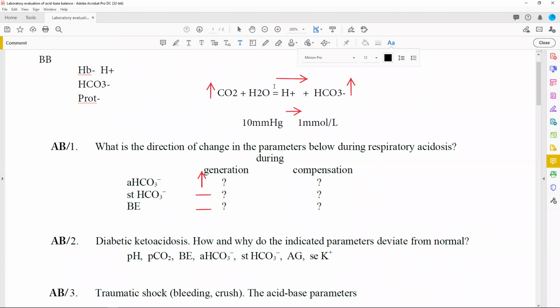So what is happening? The proton is bound to the hemoglobin, you are losing one anion, the hemoglobin ion, but you are gaining another anion, such as a bicarbonate. But one mole. So there is no change of the basic component of this buffer system.